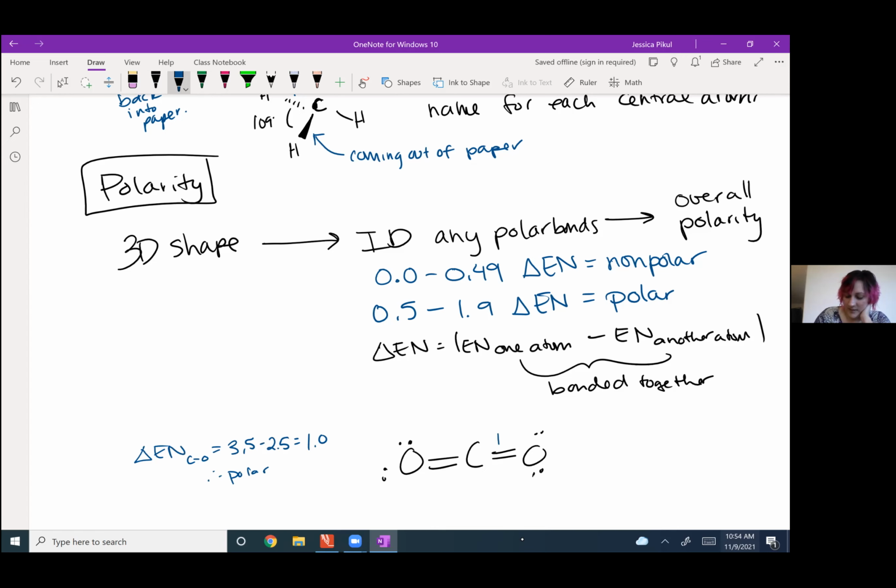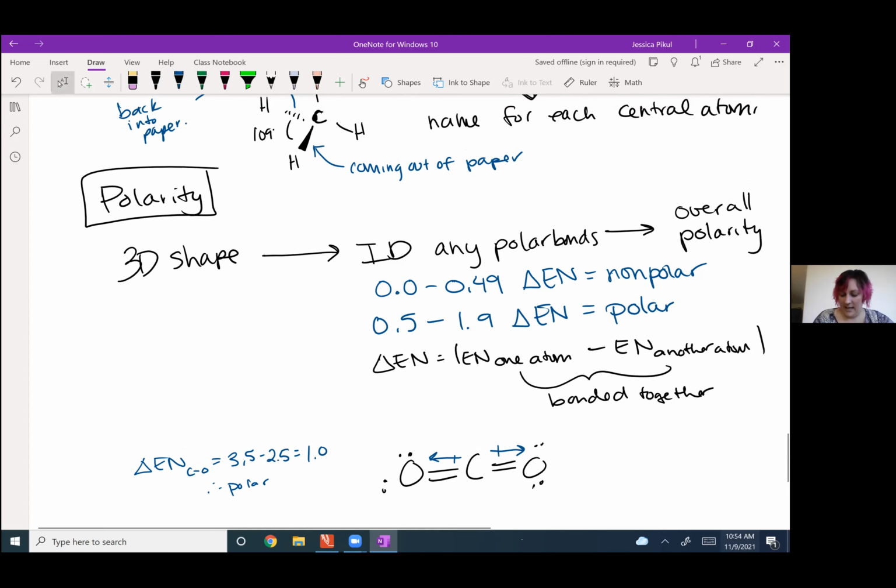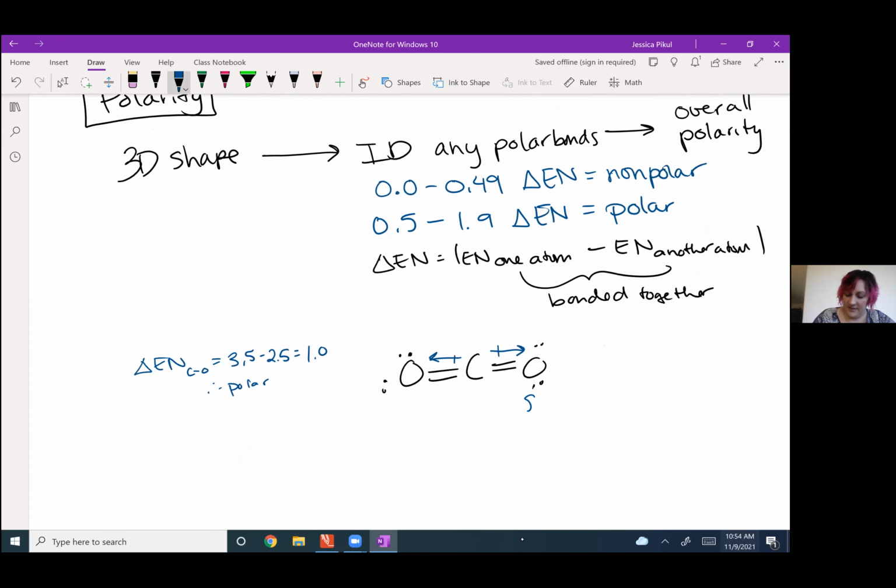I can either represent that with an arrow going along the bond like this, or I can represent it with a little delta minus and delta plus along the bond. Delta plus is a partial positive charge, and delta minus is a partial negative charge.